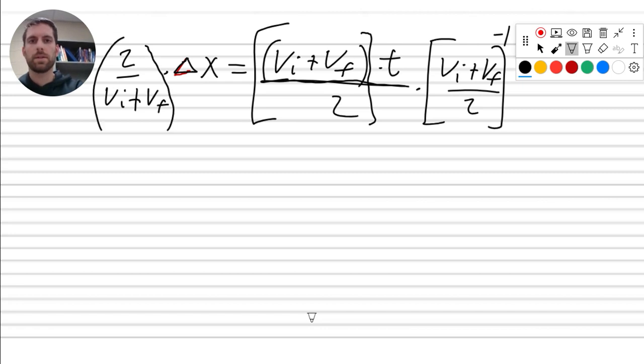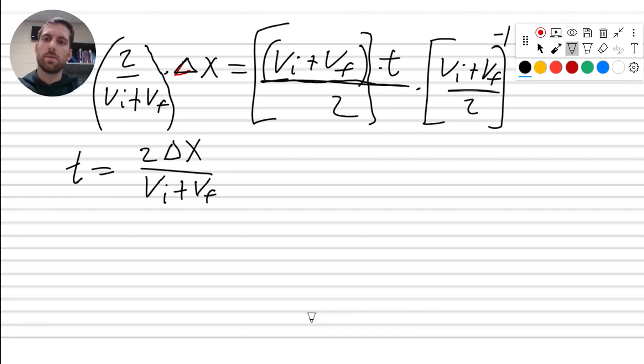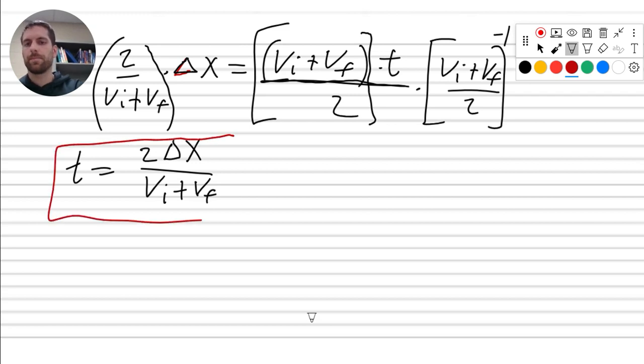All right, so that will give us my time equation: t equals 2 delta x over vi plus vf, or vf plus vi on the bottom, doesn't matter. So there's another one.